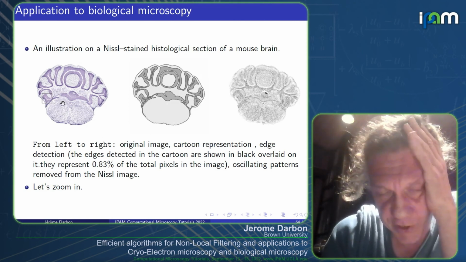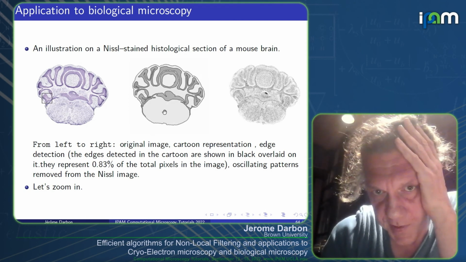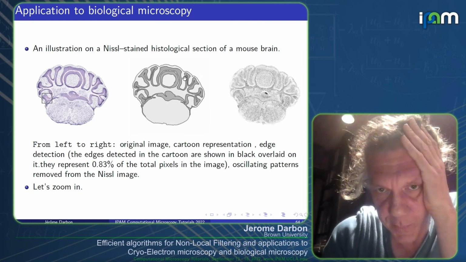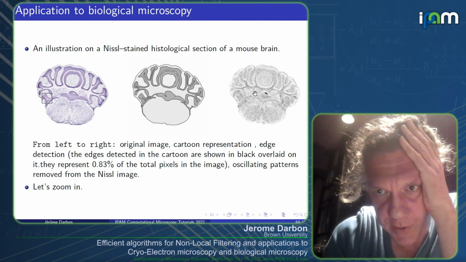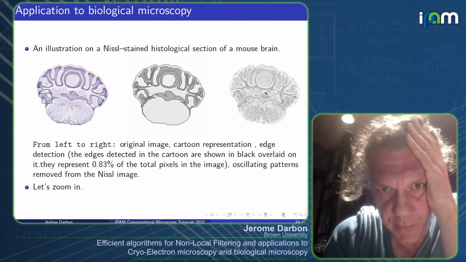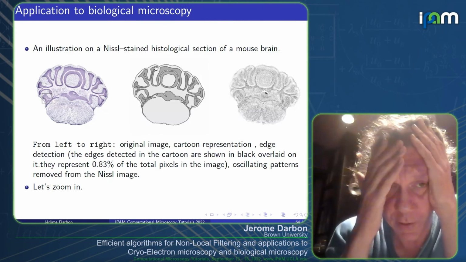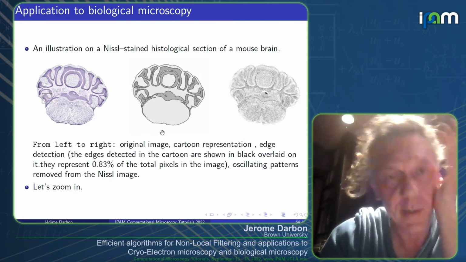So this is the original image. This is the image that we can obtain using the fast level set transform plus TV, where essentially we were able to extract all the textures while preserving the very long and thin structures that were crucial for the application.